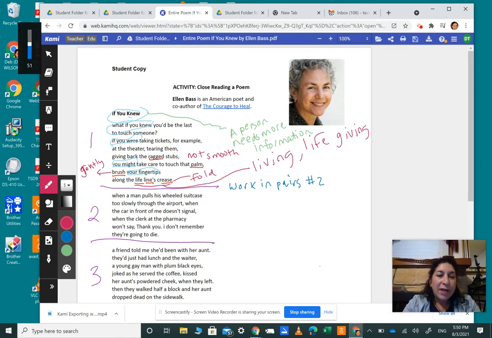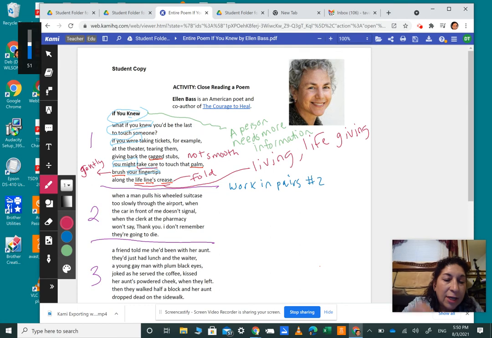Or how about this? You might take care to touch that palm. In other words, make a personal connection. You might take care. So I'm going to underline that. Taking care means you're being thoughtful. And then brushing your fingertips, showing gentleness, just like I showed here. And then along the lifeline's crease.